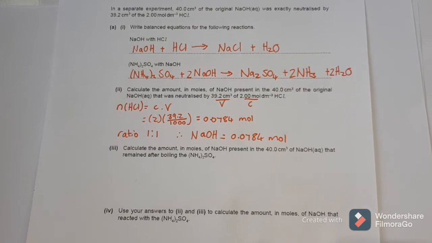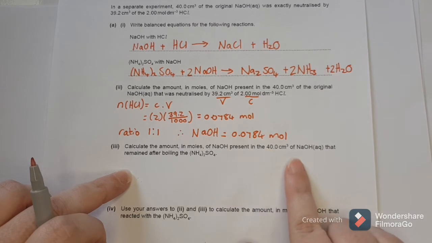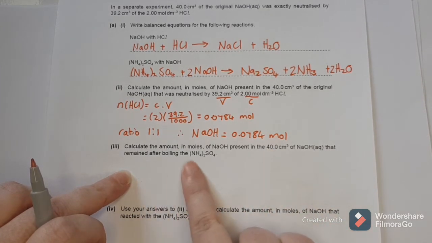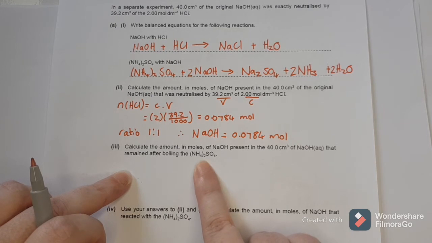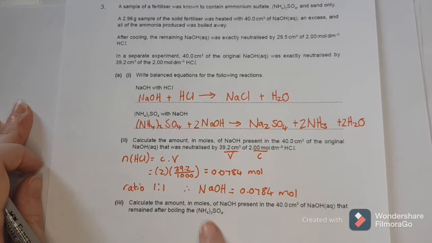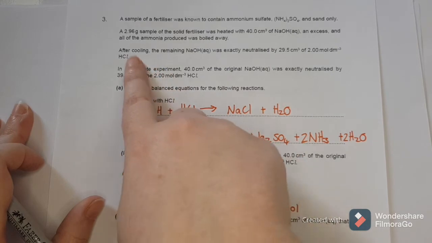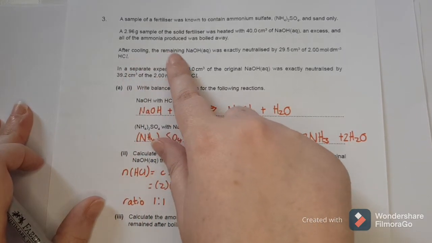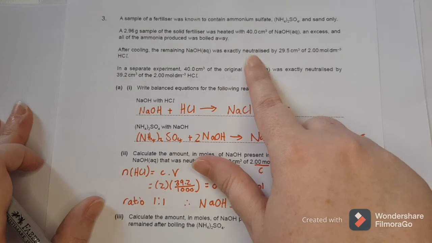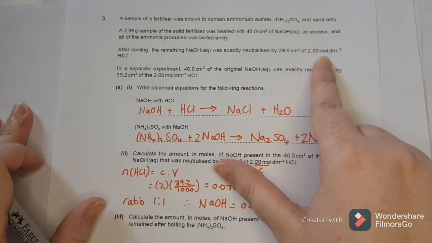Then the next question says, calculate the amount in moles of NaOH present in the 40 centimeters cubed of NaOH that remained after boiling the ammonium sulfate. So if I look at my information that I'm given, it says, after cooling, the remaining NaOH was exactly neutralized by 29.5 of the 2 mole HCl.